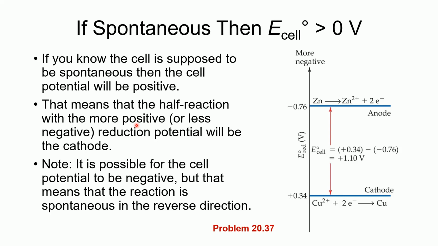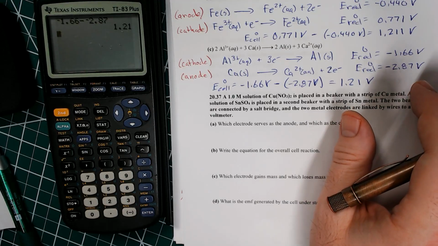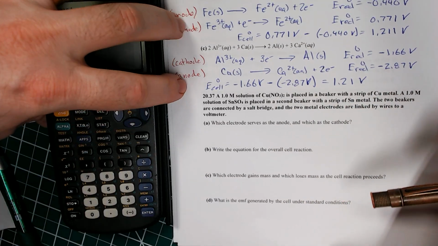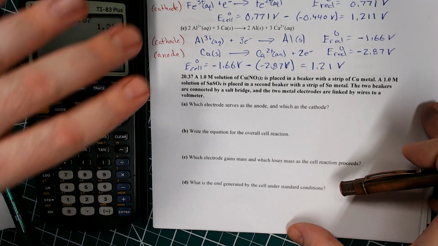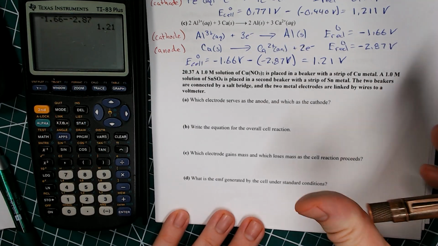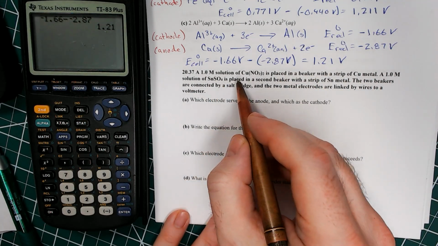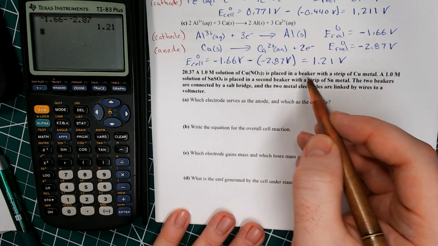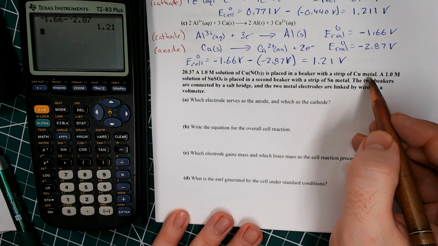Okay, so now we want to do number 37. So let's go back over to number 37 on the in-class assignment. Here is number 37. So we've got a 1 molar solution of copper 2 nitrate placed in a beaker with a strip of copper metal.